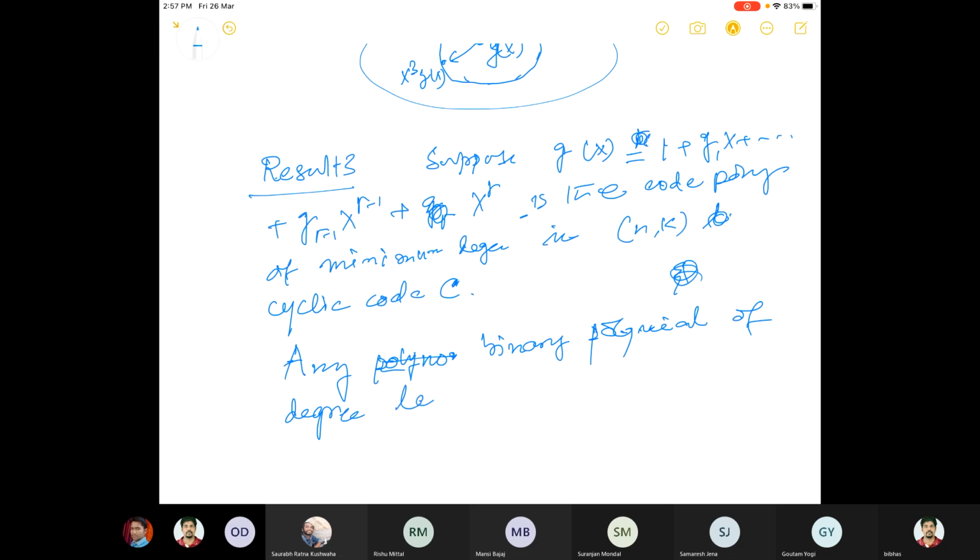less than or equal to n minus 1, because we are looking at code words which can be of degree at most n minus 1, right? Because they will correspond to a binary string of length n. But in the polynomial, there is already a constant, so degree can be at most n minus 1.